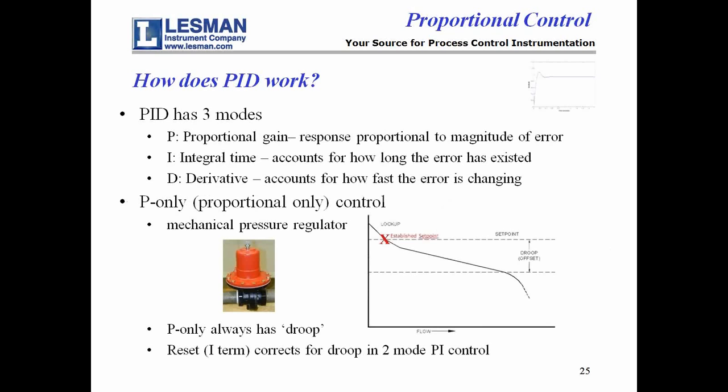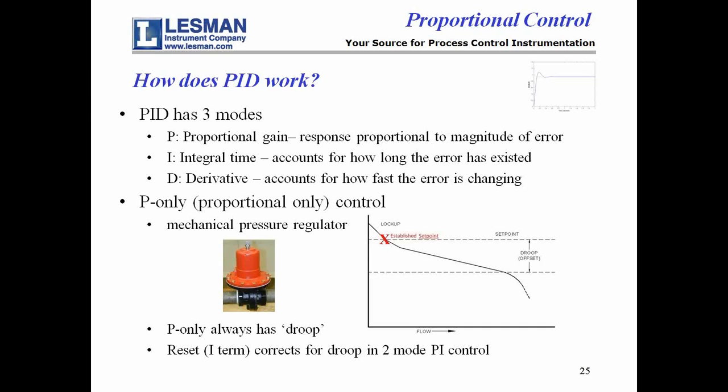The P is the proportional gain, where the response of the controller is proportional to the size of the error. The I is integral time, and by putting a time factor in there, it accounts for how long the error has existed, and it attempts to correct for that. And D is derivative, that accounts for how fast the error is actually changing in real time.